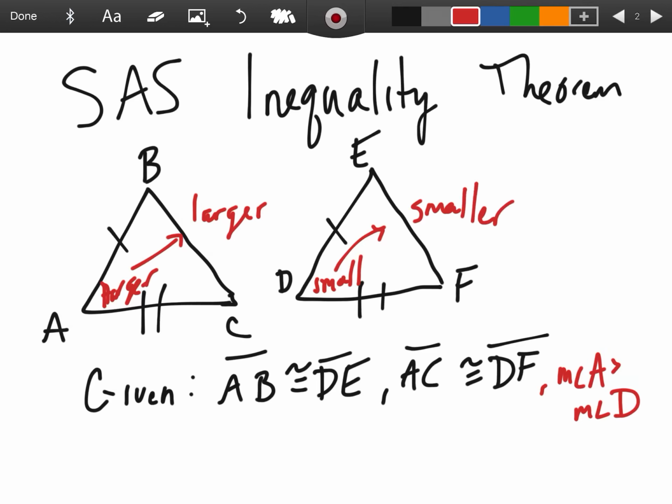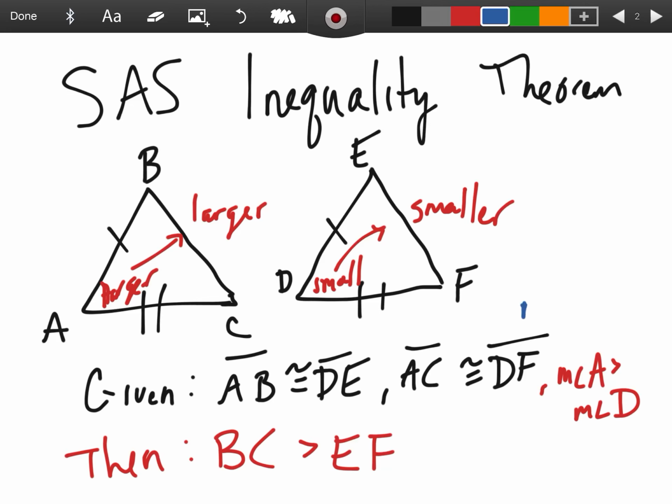So we're given AB is congruent to DE, AC is congruent to DF, and measure of angle A is greater than measure of angle D. Then we know that the length of BC is greater than the length of EF because measure of angle A was greater than measure of angle D. That is the side angle side inequality.